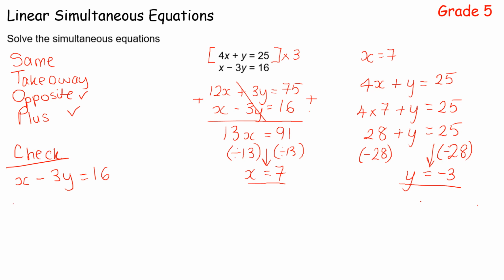So x is 7, take away 3 multiplied by my y term, which is -3. So that is 7. And then what I've got here is -3 being multiplied by -3, which is +9, and that does give me 16. Okay, so now I know that my x and my y values are correct. So this was just an additional check to do.